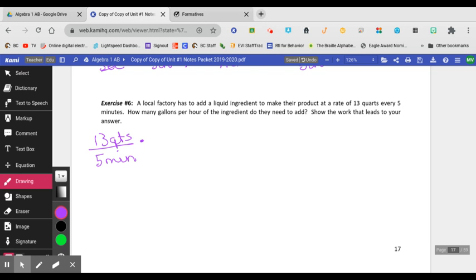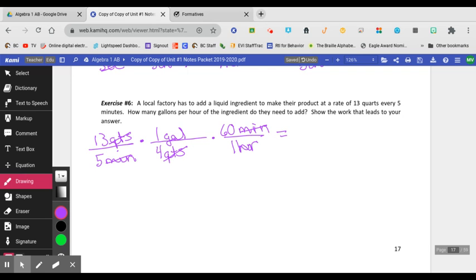I'm going to convert quarts. Quarts, the name should give it away that there are 4 quarts in 1 gallon. I want my quarts in the denominator, so it cancels out or divides out with the quarts in the numerator. I now have gallons. I now need to make per hour, so I have minutes. So I know there are 60 minutes in 1 hour, and I'm going to put the minutes in the numerator so that they divide out with my minutes in the denominator.